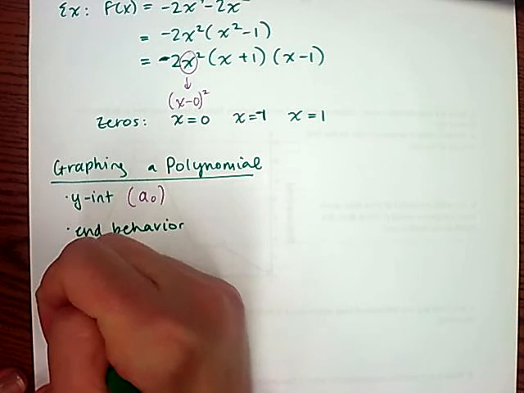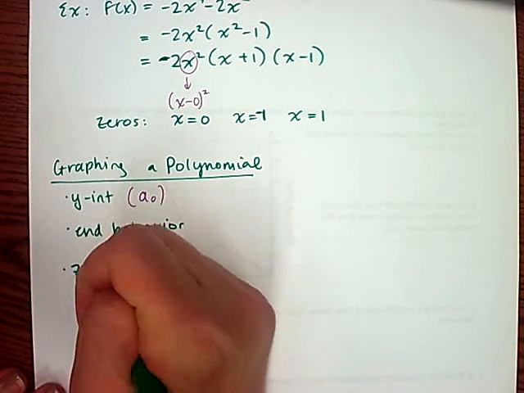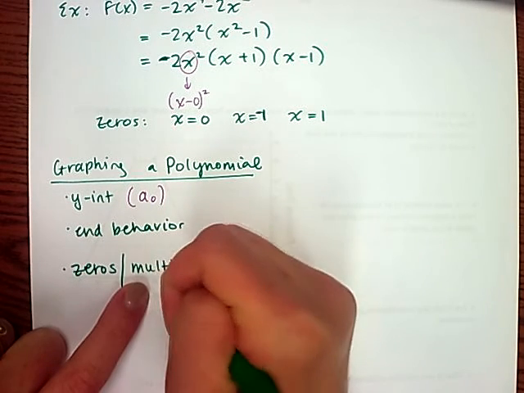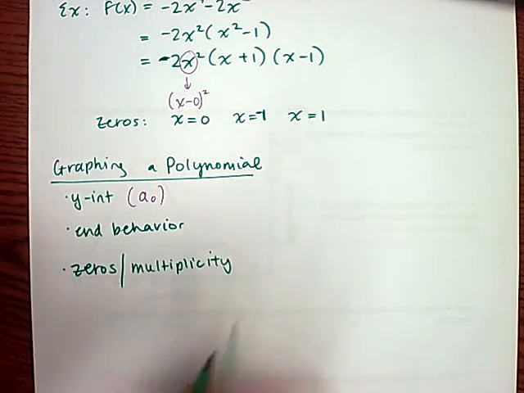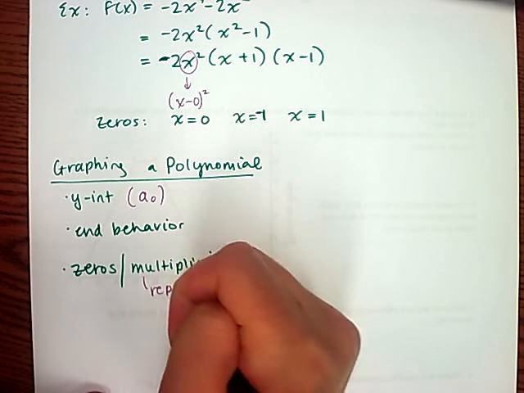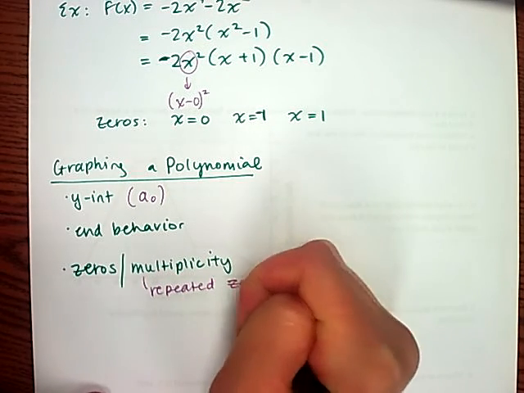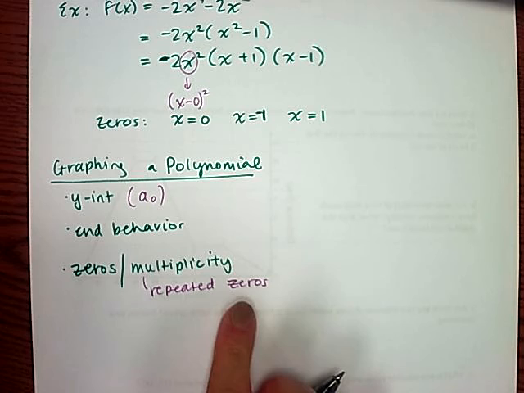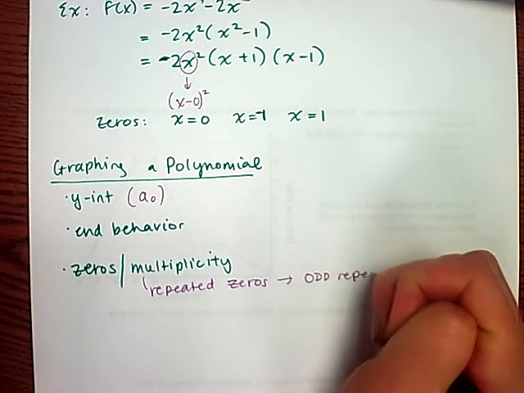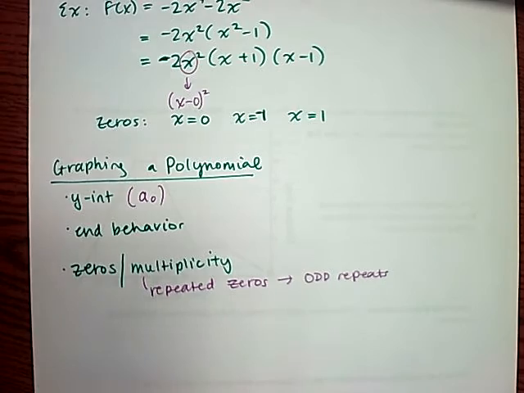Next is going to be the zeros, and I also need to think about something here called multiplicity, which is whether my zeros are repeated or not. And it's going to matter if it's an odd versus even number of repeats. An odd number of repeats means you're going to cross the x-axis.